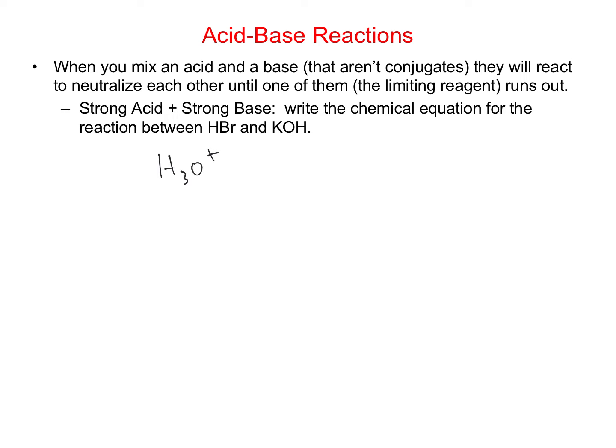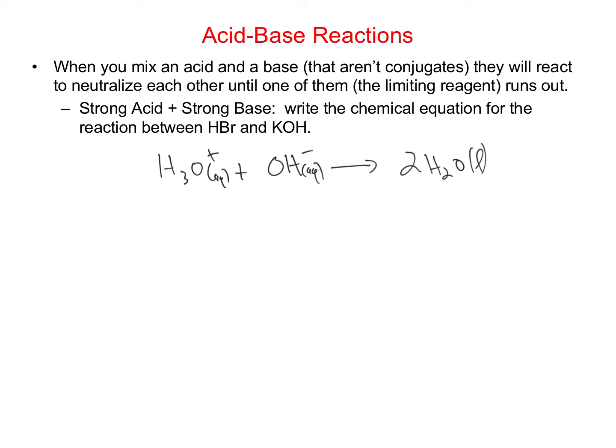What I'm really interested in with these strong bases is the hydroxide. So the reaction that I'm really interested in when HBr reacts with potassium hydroxide is this reaction. Sure, I'll put in my states there.